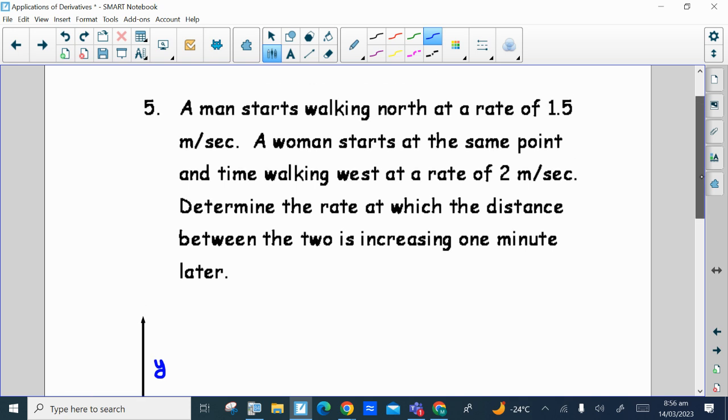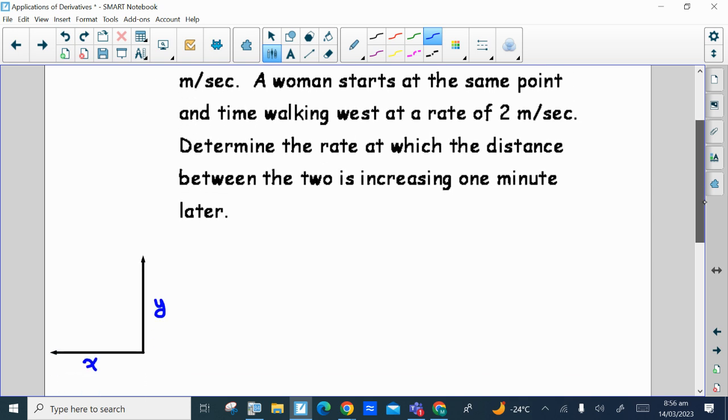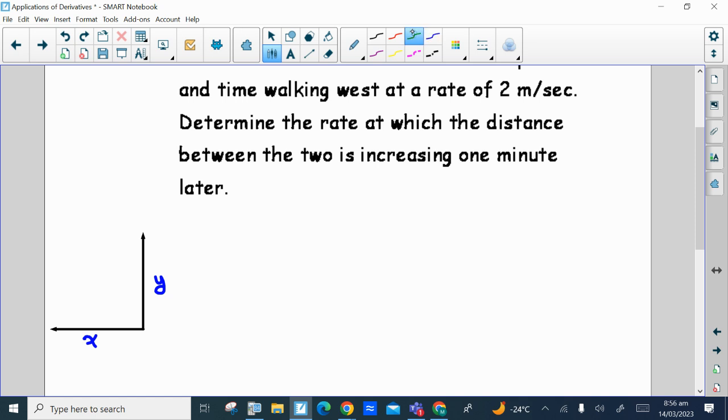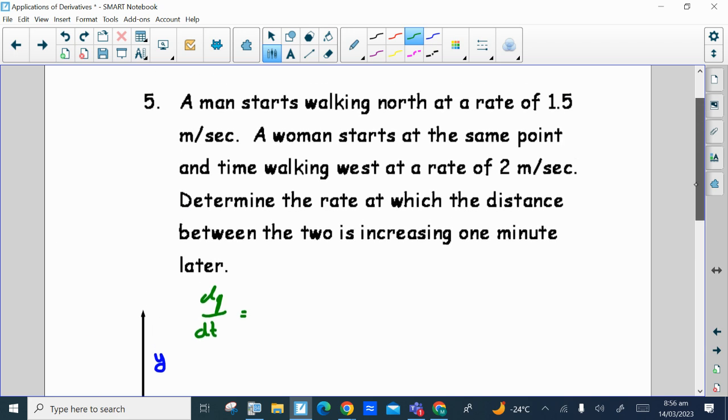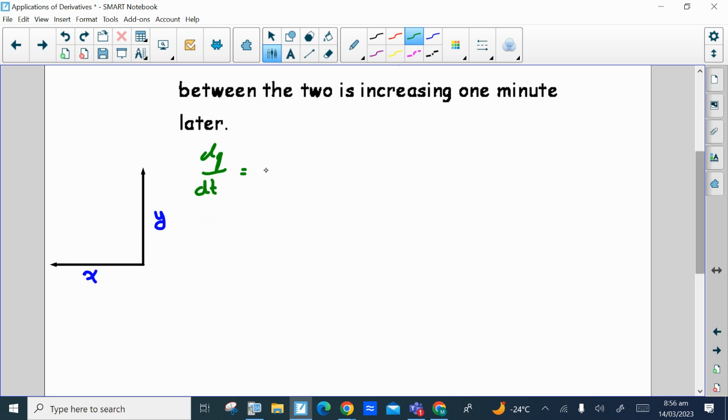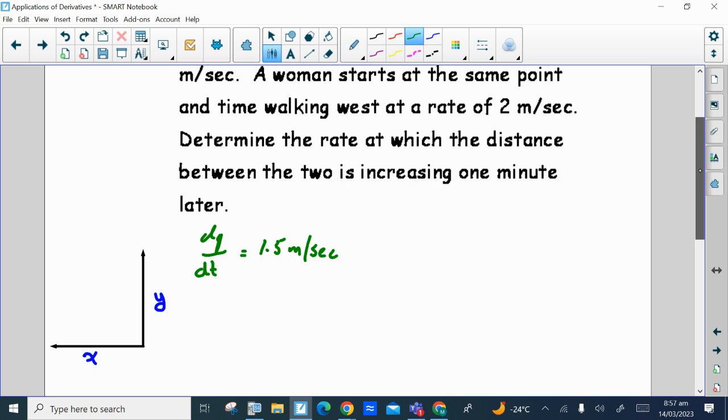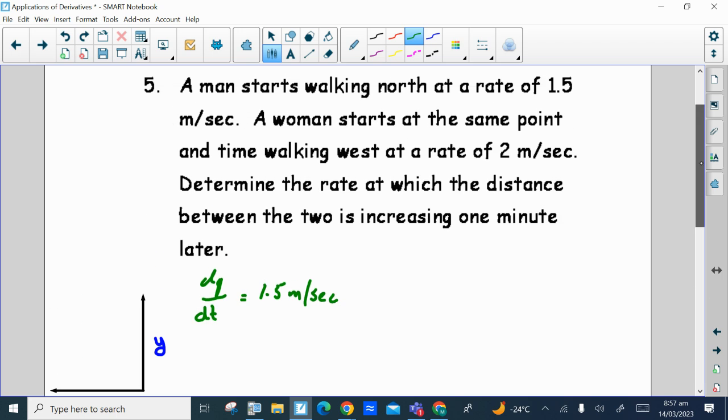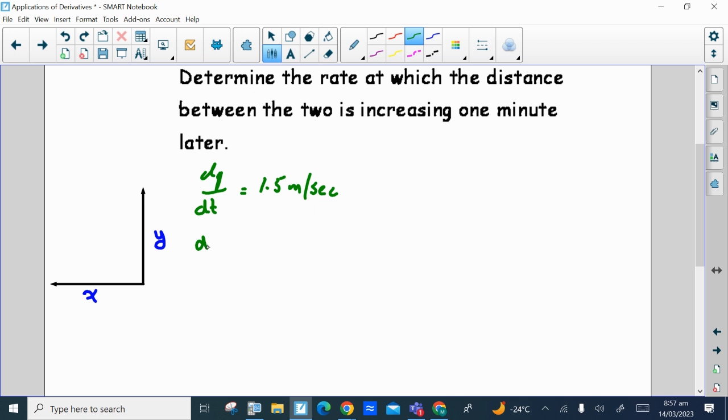If the man is walking north at 1.5 meters per second, that'll be the rate of change of y with respect to time, so that'll be dy by dt. dy by dt is 1.5 meters per second. And then you have the woman walking west at a rate of 2 meters per second.